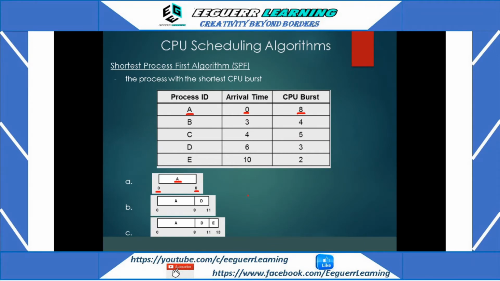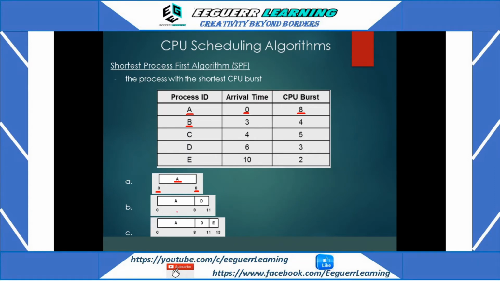So the CPU can now process the scheduled process A. Now, another process will arrive, which is process B, and it will be scheduled again to our CPU queue.